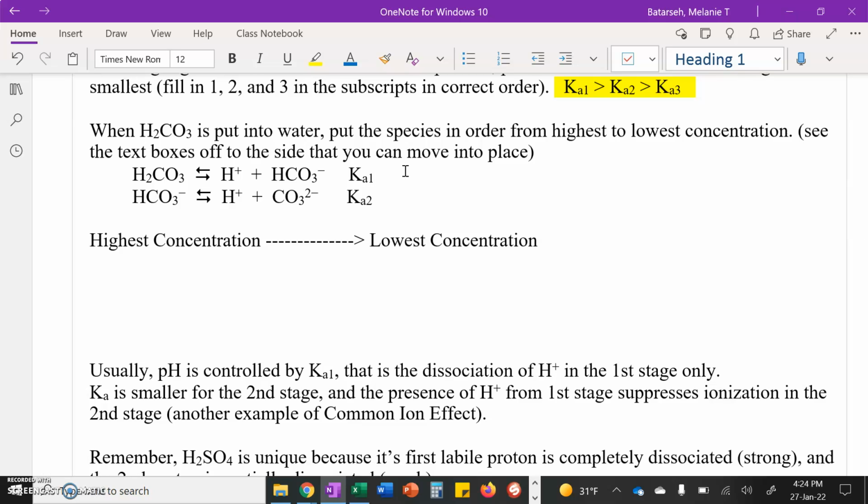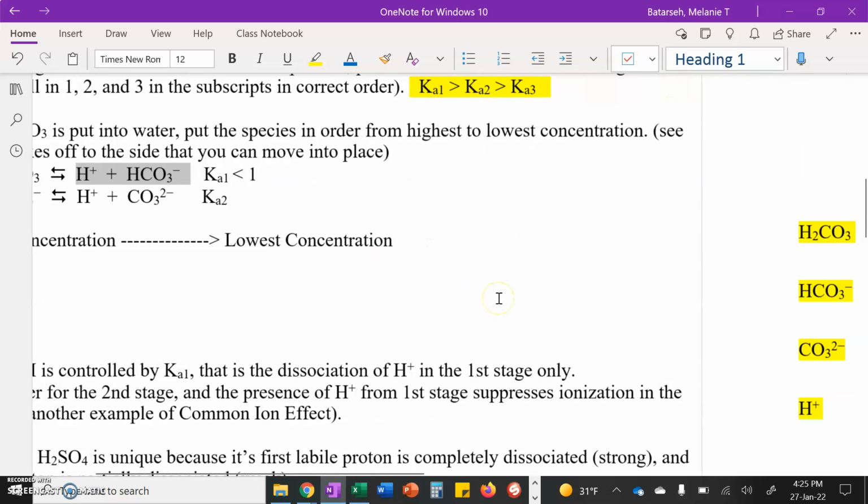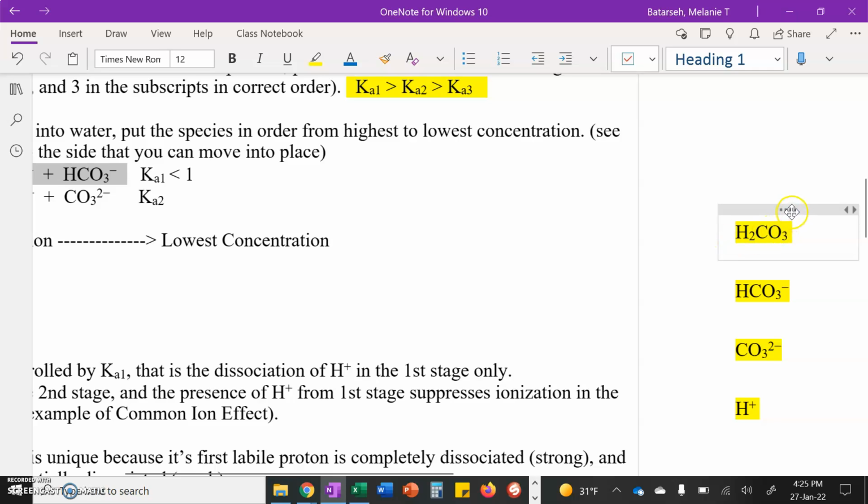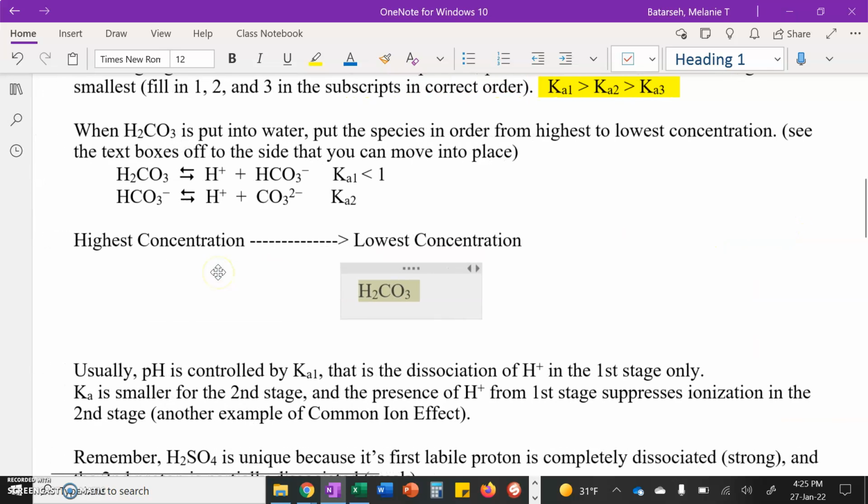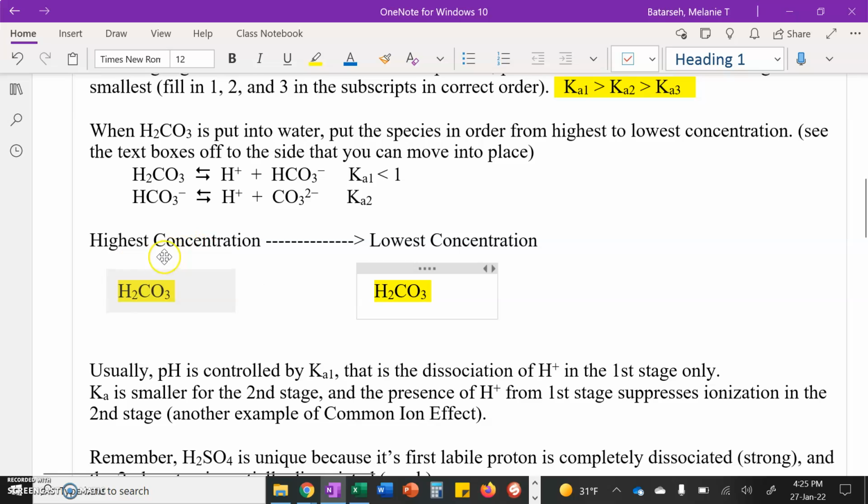So this number is still less than 1. It's still saying that we're going to have more of this chemical than either of the other 2. That's how weak acids work. So the highest concentration is going to be the H2CO3. We'll have the most of that.